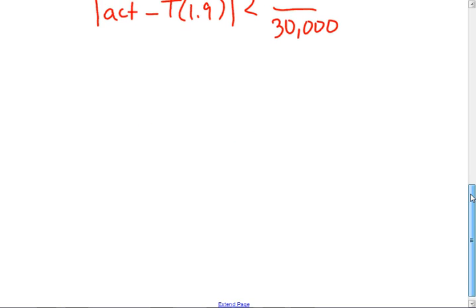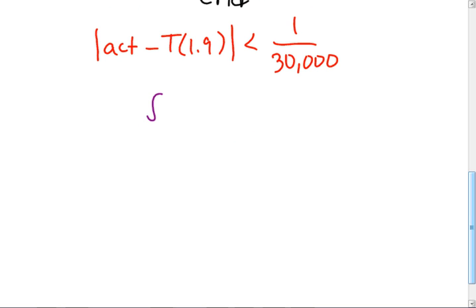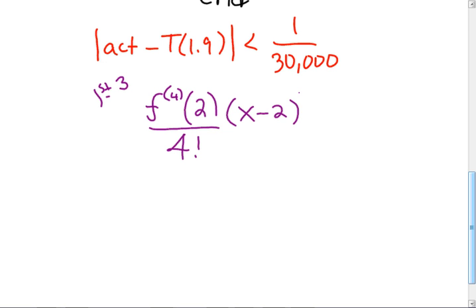If we do the first 3, I want the 4th derivative of 2 over 4 factorial, and then it's going to be x minus 2 to the 4th. But what am I going to put in for x? Where am I doing this? I'm doing it at 1.9.